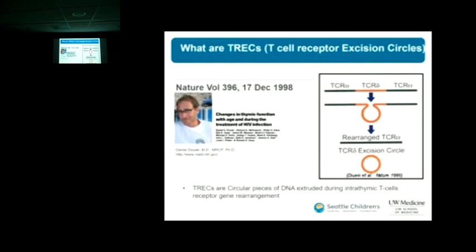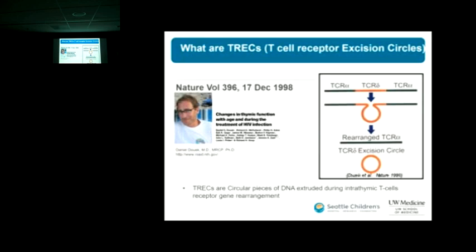And this is how the TRECs were designed, were recognized, and it was Daniel Dewitt, when he was working in HIV, that recognized that as T cells develop in the thymus, remember your T cells have an alpha and a beta chain.